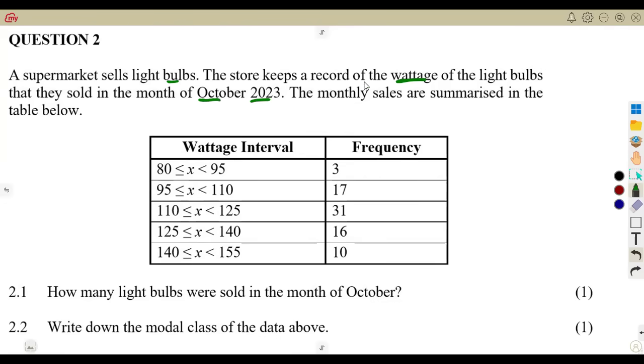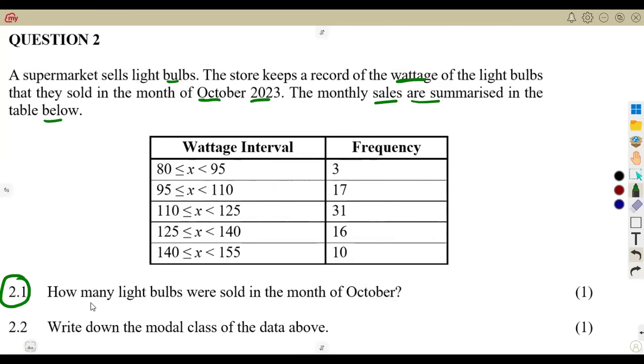The monthly sales are summarized in the table below. These are sales which were being taken in terms of the wattage. Those ones with this wattage, 3 were sold. This one, 17, that is the sales being made.